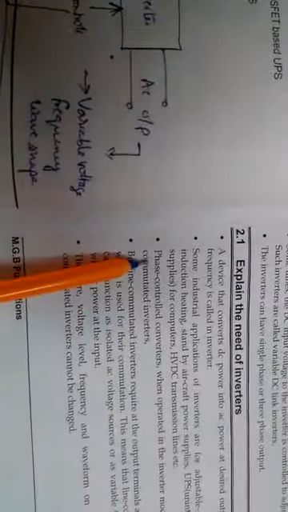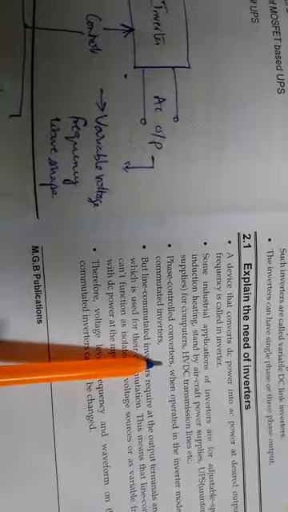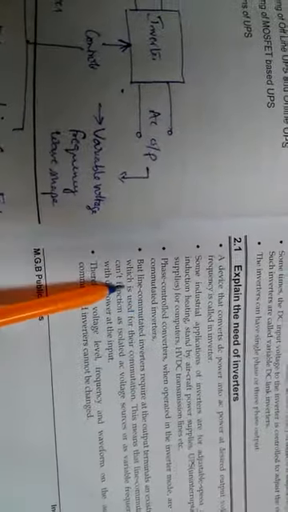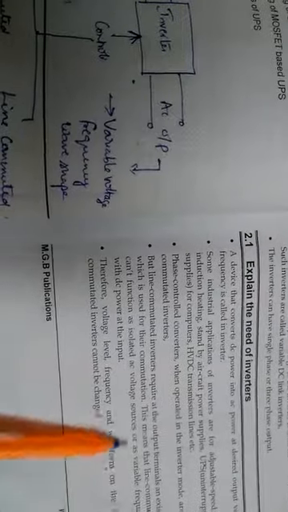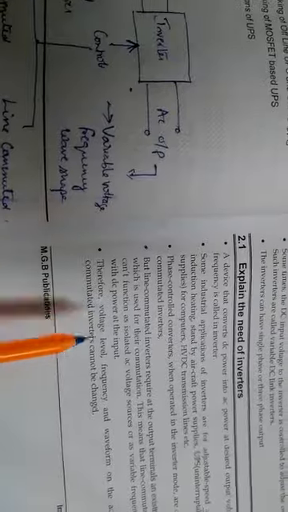This output of the controlled rectifier should be controlled. Such a case is called phase control converters. In the case of line commuted inverters, voltage level, frequency and waveform cannot be changed, as we are focusing on the input side, that is the external side.